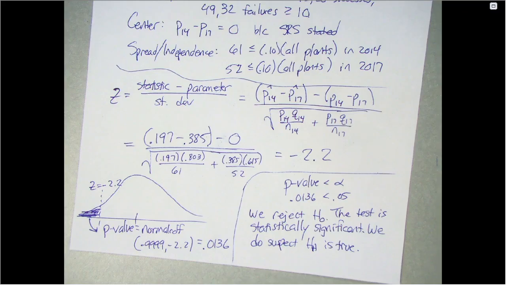It'd be a positive number. So what would happen then is you would get a positive 2.2 for your z-score. That doesn't matter because that's not the answer. That's just part of the work. You would go normal CDF of 2.2, coming to 0.9999. You get the exact same p-value, and then your conclusion would be the exact same. So the order doesn't matter as long as you keep it consistent. I know I could have said yes, but I wanted to explain.